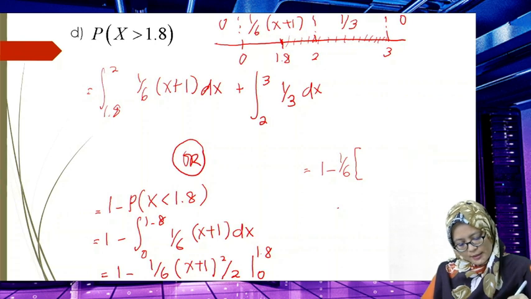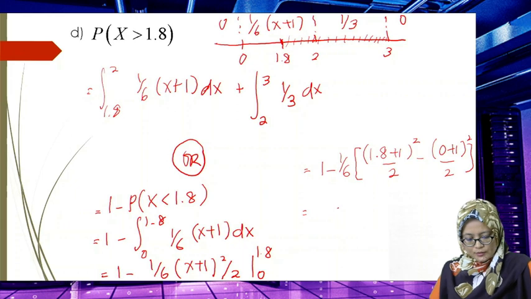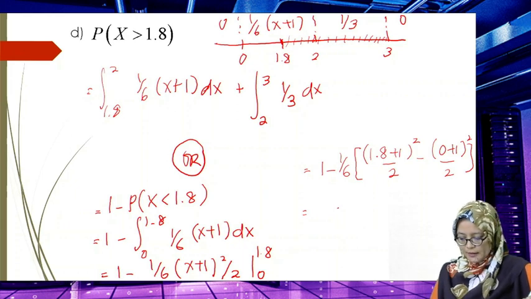So kita akan ganti x 1.8 plus 1 square over 2 minus 0 plus 1 square over 2. Okay, so kita akan dapat nilai dia 0.43.